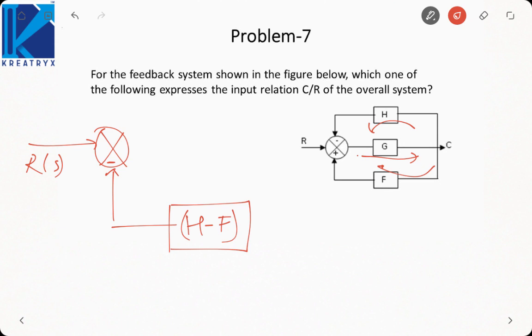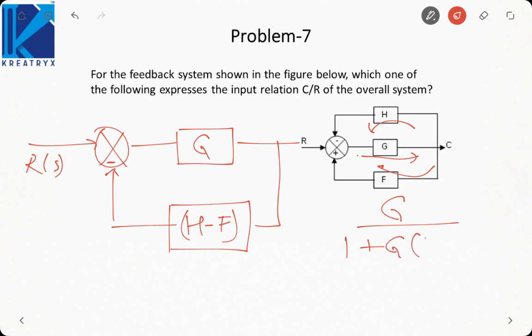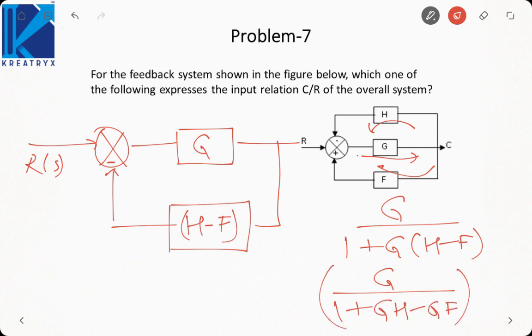If we are taking net negative, it would be H minus F. Forward path is G. So the closed loop transfer function would be G upon 1 plus G(H minus F), that is G upon 1 plus GH minus GF. Okay, this would be my transfer function of this entire block. So here we had to do parallel operation and the closed loop system.